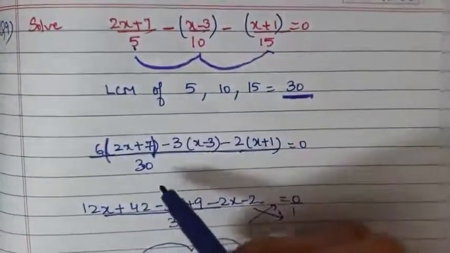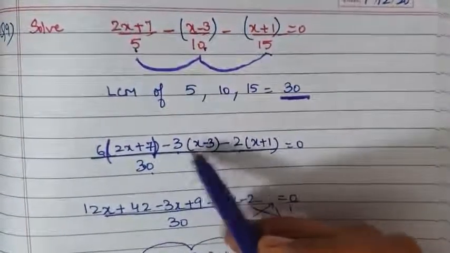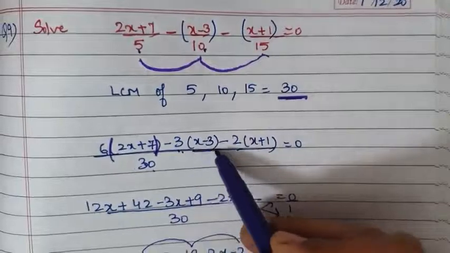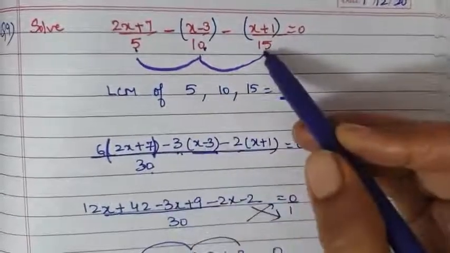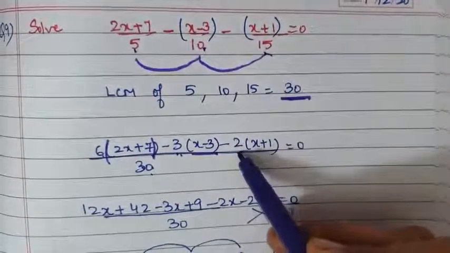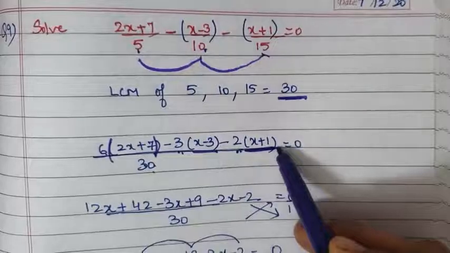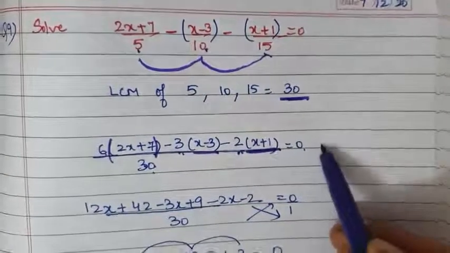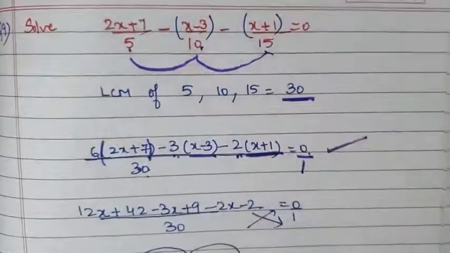Then 30 divided by 10 gives you 3. 3 will multiply with this whole bracket. Then 30 divided by 15 gives you 2. So 2 will get multiplied with this whole bracket is equals to 0. Or you can also write 0 upon 1.